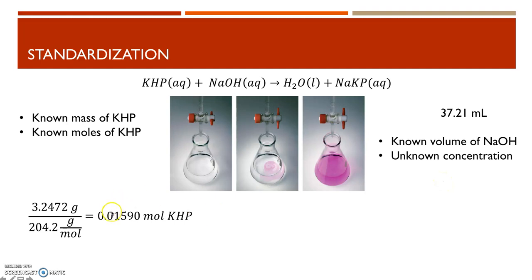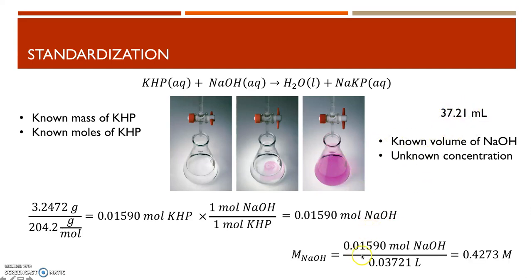So I use all of the calculation skills that we learned in the previous 2 videos, which is to say I find my moles of KHP, I use my balanced chemical equation to do a conversion factor between KHP and NaOH. Now that I have my moles of NaOH, I can divide by the volume of NaOH that I used to get to that equivalence point, and that gives me my concentration of sodium hydroxide.